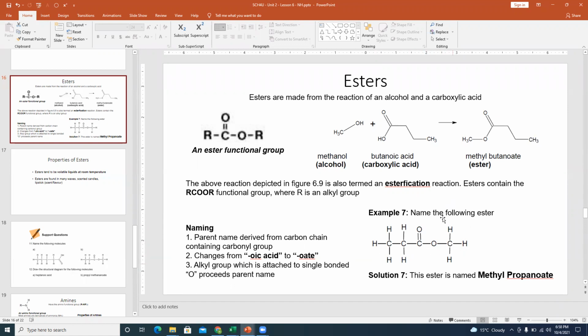If there was no methyl here and there was just an H, this COOH part would be part of the propanoic acid group, right? But because there's this methyl, we drop the propanoic and make it a propanoate. And what kind of propanoate? It's got a methyl group, so it's a methyl propanoate. So the "oate" part is attached to the part that has the carbonyl group.